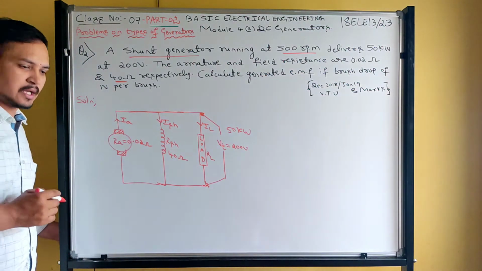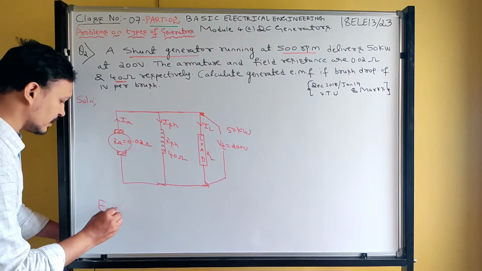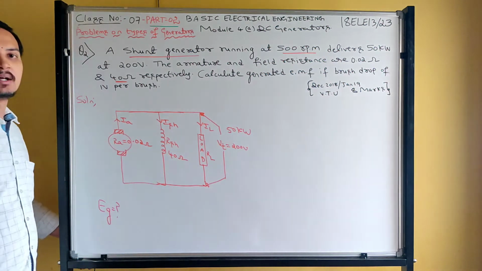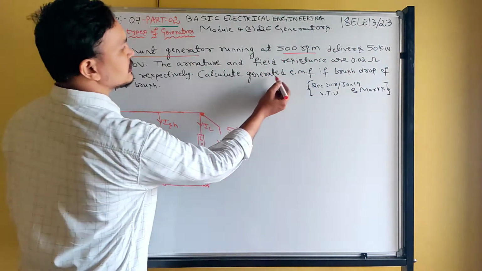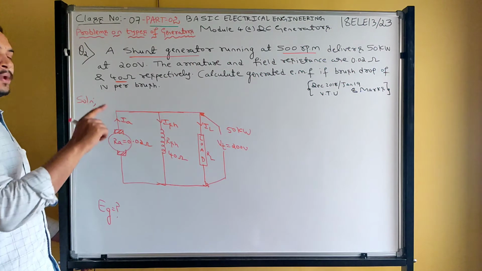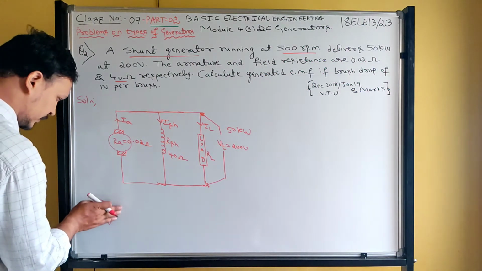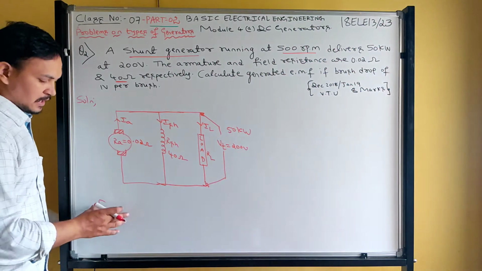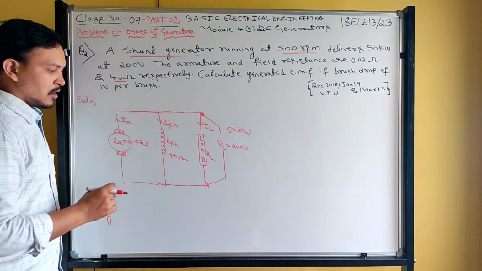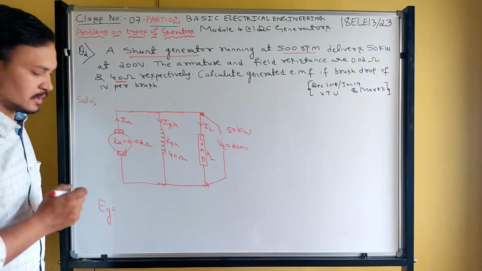The question they asked is, calculate the generated EMF. You have to find EG. They given, if the brush drop is 1 volt per brush. See, later we can find this. However, now write the voltage relation for a DC shunt generator.